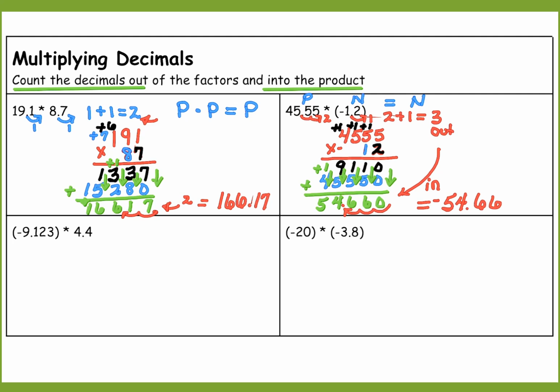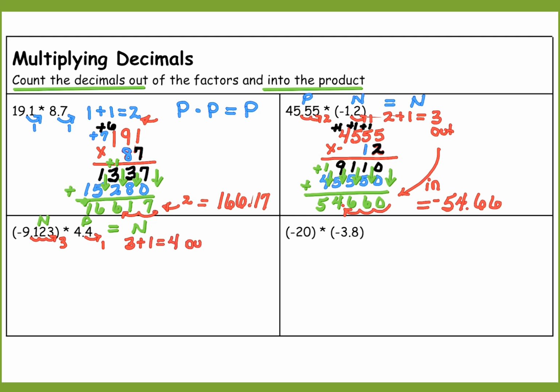Next, we have a negative times a positive, and we remember that when our signs are different, that is going to give us a negative answer. To move out the decimals now, let's count those out. 1, 2, 3 spaces here, and simply 1 space there. So 3 plus 1 is equal to 4.